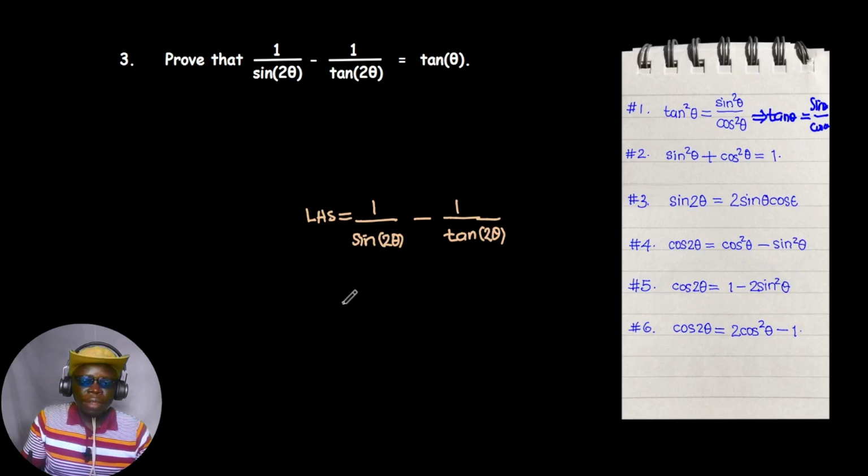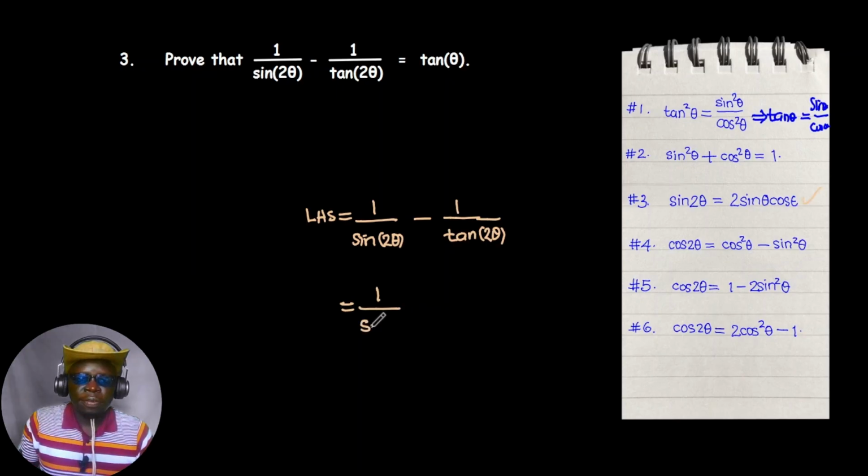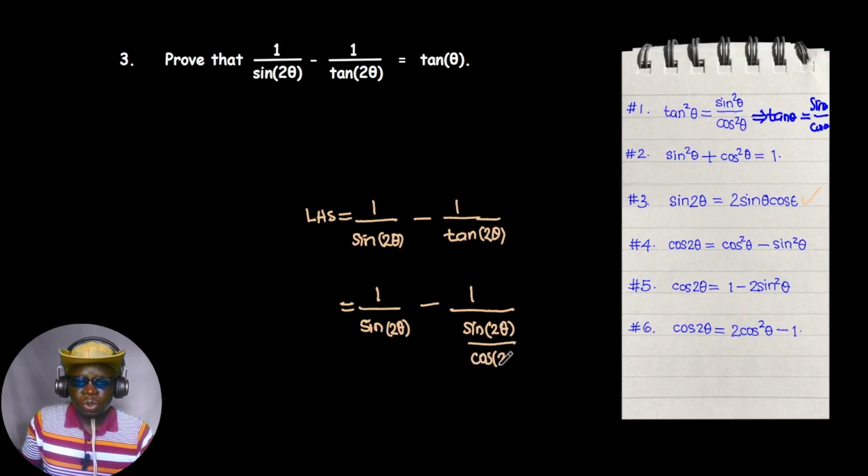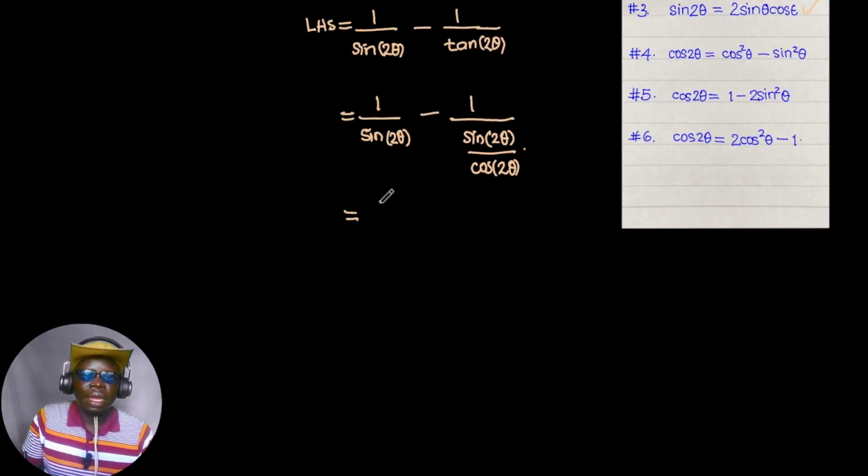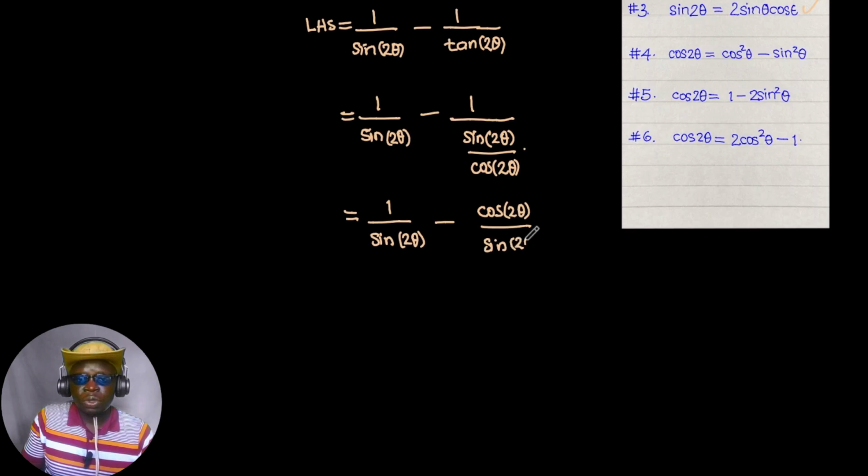From here, our first term we need to maintain the same, so we have 1 over sine 2 theta minus 1 all over sine 2 theta over cos 2 theta. Now we can write that, maintaining the first term, 1 over sine 2 theta minus, and this one comes up, cos 2 theta over sine 2 theta.